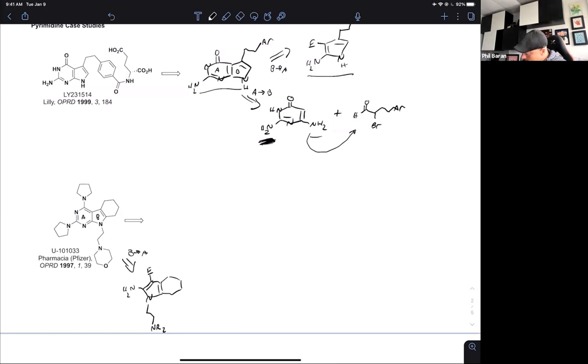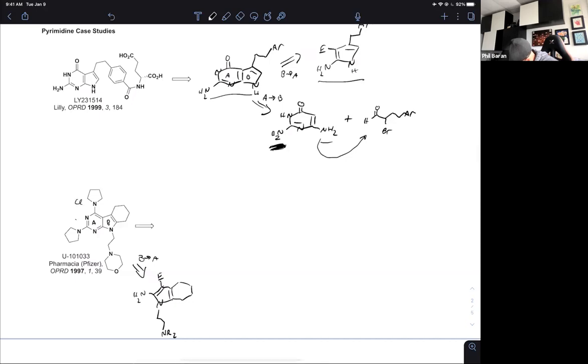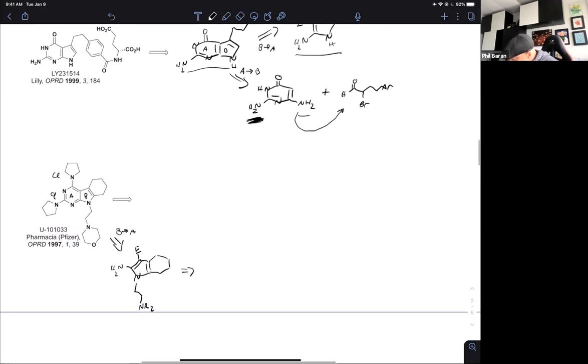You could form from here the corresponding dichloro compound after condensation, and then this compound you could imagine comes from, because we've got the hiding nitrile there, maybe it just comes from that plus this. So it's not terrible, right? It's a viable disconnection. And maybe in process scale, that might be the way to go. It's certainly a disconnection you'd want to consider.